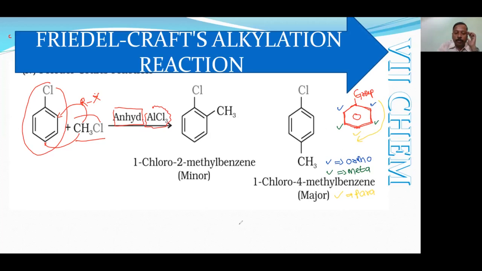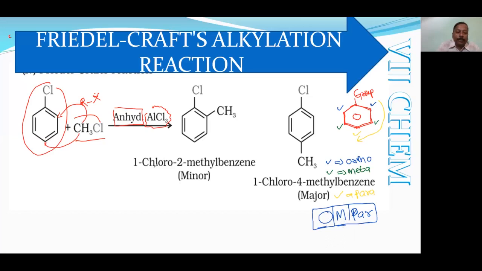How will you remember ortho, meta, para? Take Lord Shiva's name: Om Parameshwara. Om Parameshwara means ortho, meta, para. This is the memory trick to remember the locations or active sites of mono-substituted benzene. Om Parameshwara, ortho, meta, para.